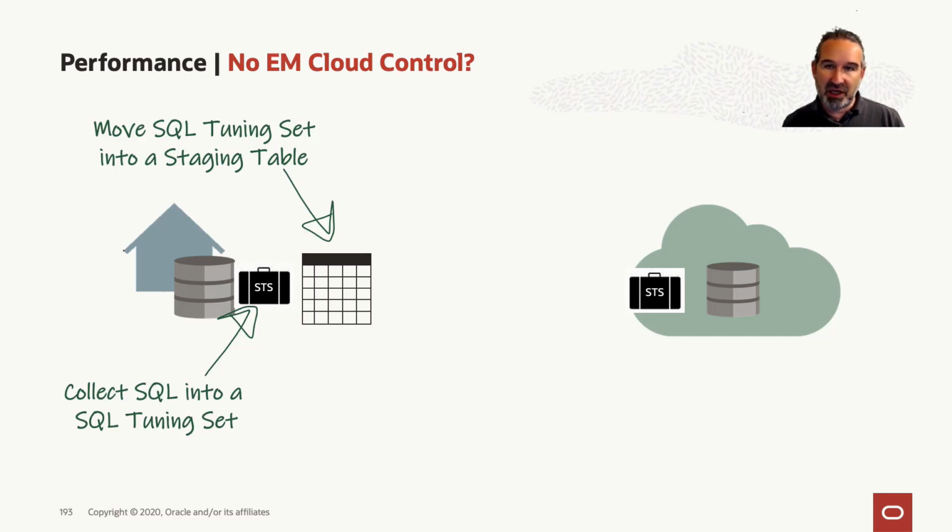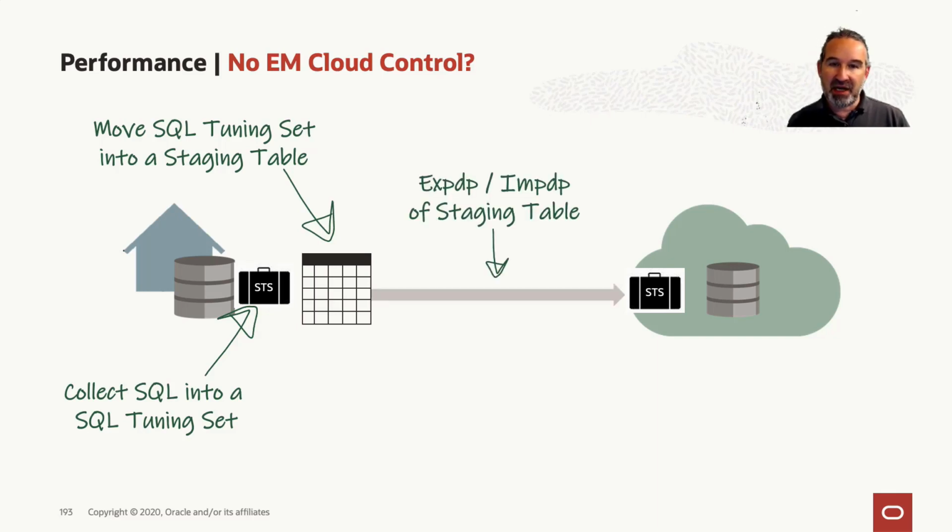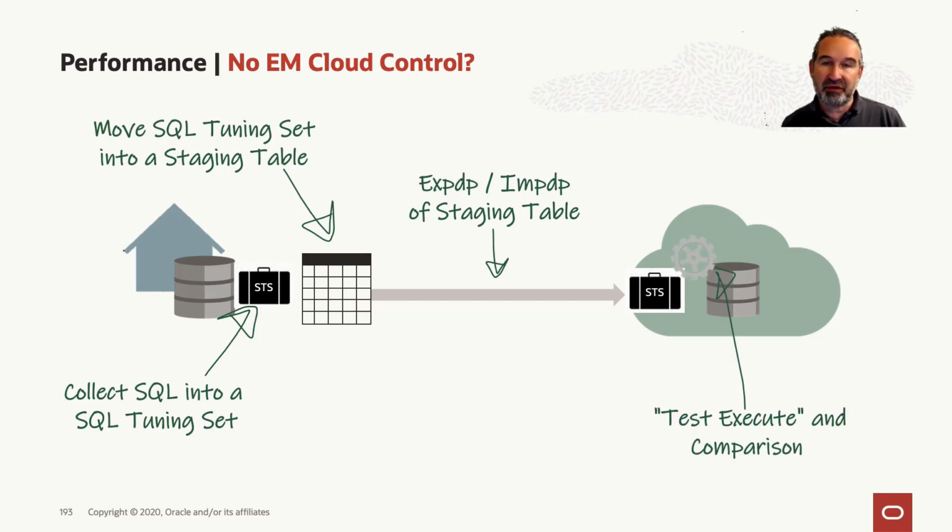Once we have it in a staging table, it's a real table, and a table can be exported and imported. So we export it locally, we import it into the cloud, and into our database. So the SQL tuning set is now there, and now we can unpack it and we can do all types of evaluations.